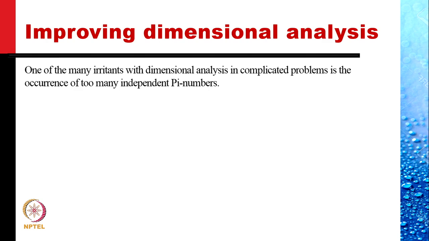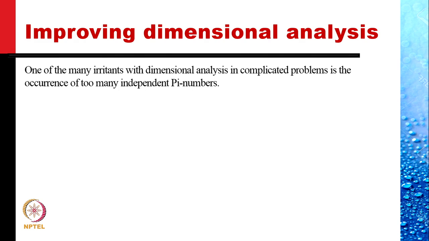One of the many irritants with dimensional analysis is that there are too many independent pi numbers. Ideally, there should be one pi number. That pi number should be invariant, and this would be the best result that is available.